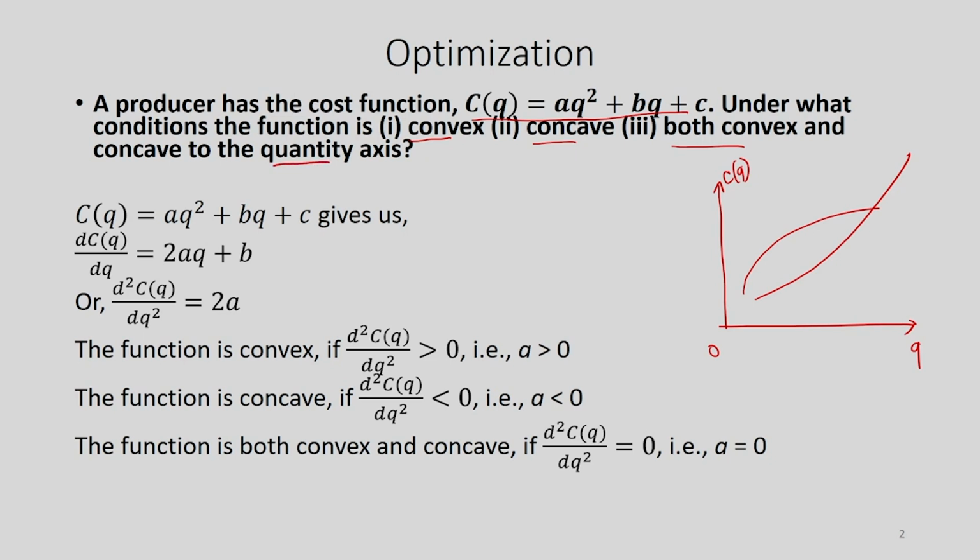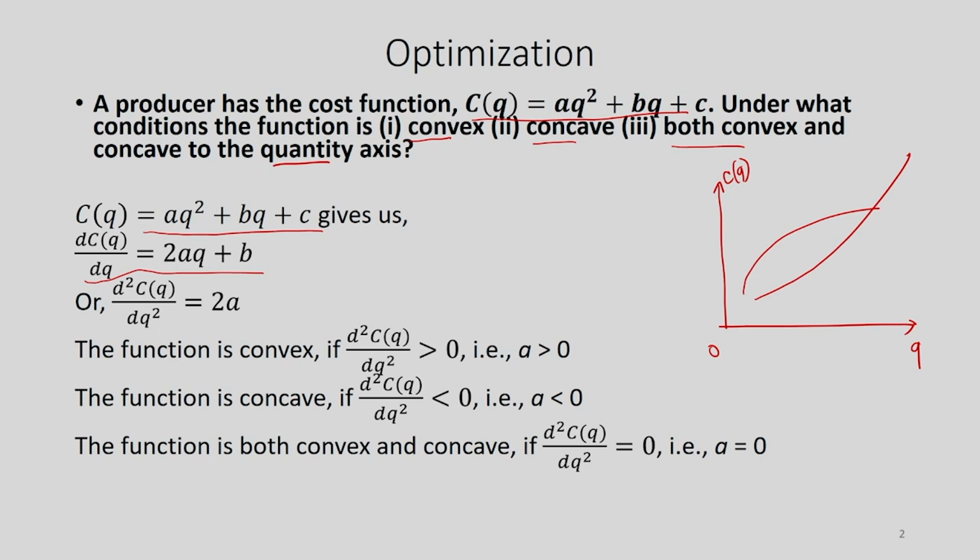All right, so this is the function that is given to us. C(Q) equals aQ square plus bQ plus c. Now from this I can find the derivative of the function with respect to Q. The first derivative gives us 2aQ plus b, right? I am just using the power rule. a and b, remember, are constants.